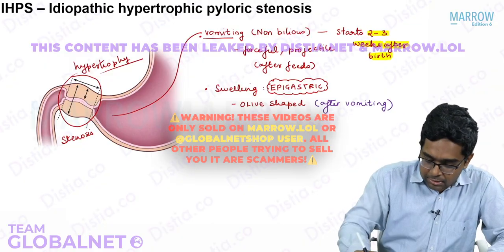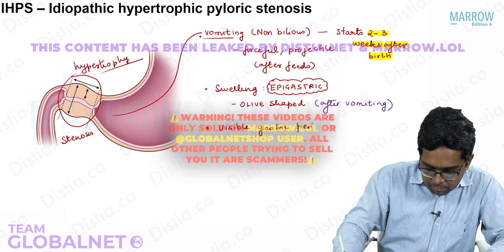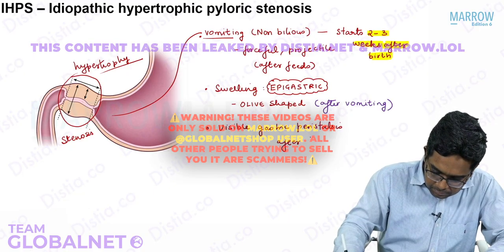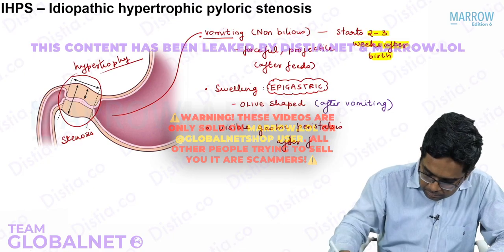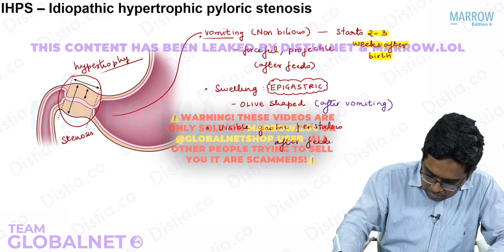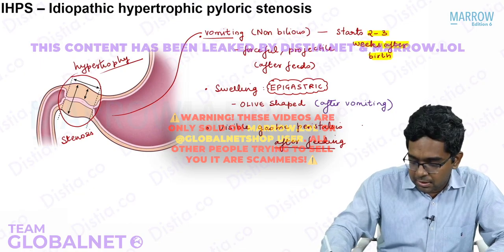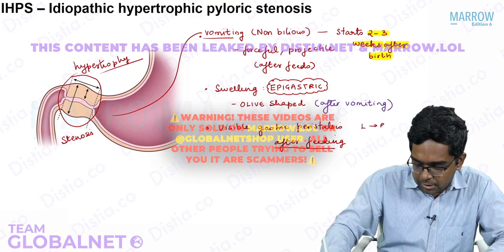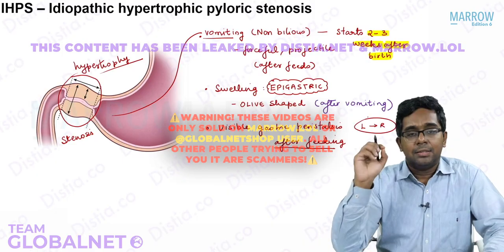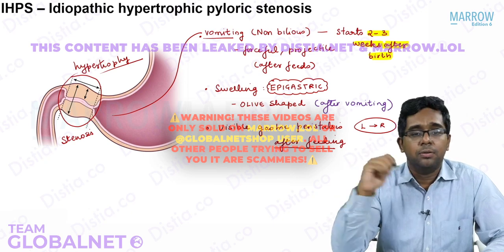This is called visible gastric peristalsis, which is noted after feeding. The usual direction of peristalsis is from the left side to the right side. These three are classical hallmark features of hypertrophic pyloric stenosis.